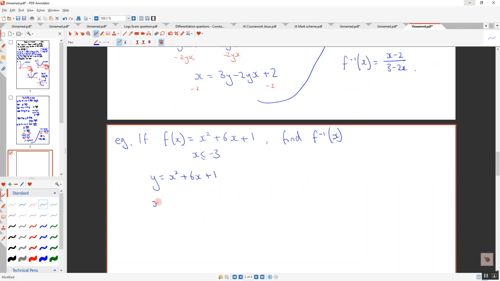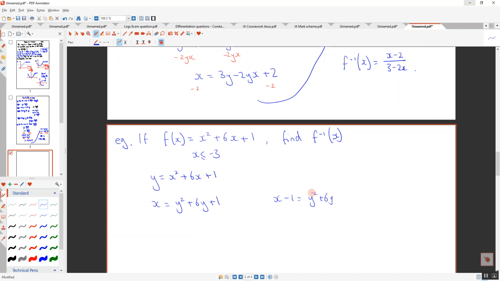So I'm going to say x equals y squared plus 6y plus 1. Okay, all good? Now I need to solve this for y. Not quite, because if I do that, I'm going to have x minus 1 equals y squared plus 6y.